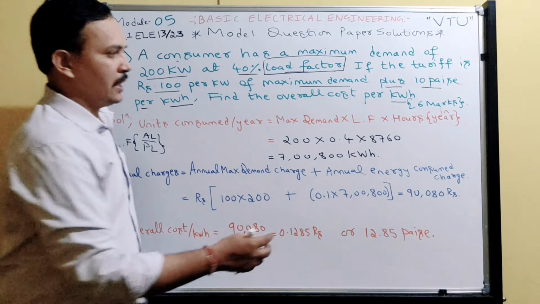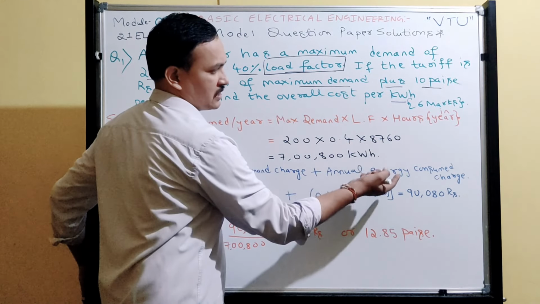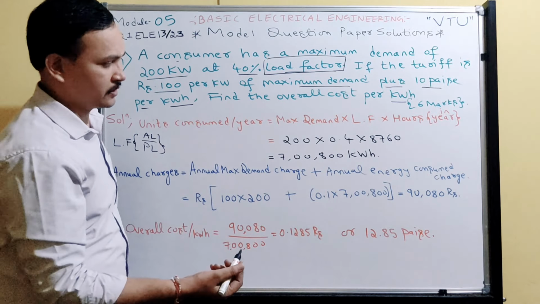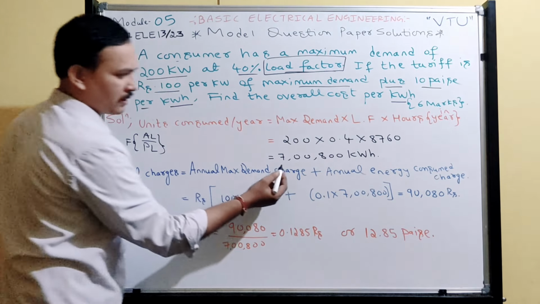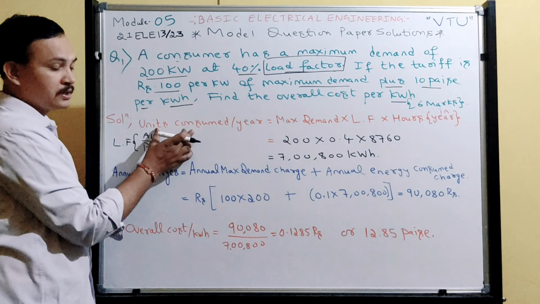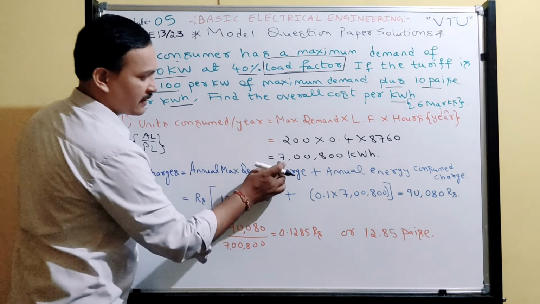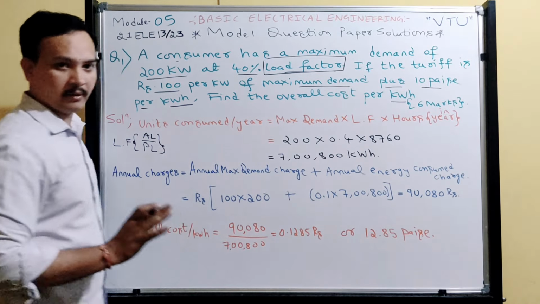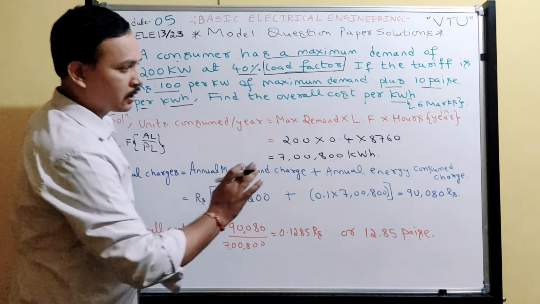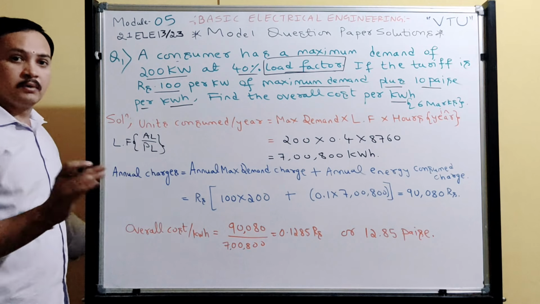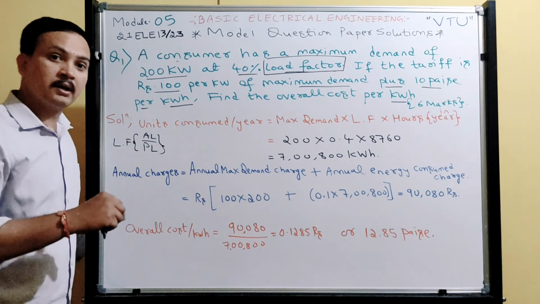I have written 365 days, so 8760 hours. Multiply all this and you get the energy consumed per year: 7,800,000 kilowatt hour. So that is units consumed, or energy consumed, per year.